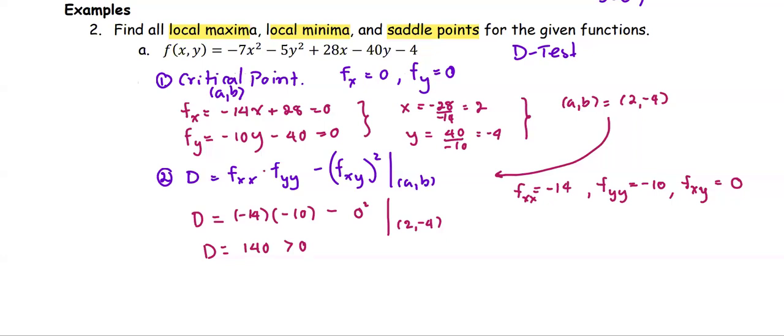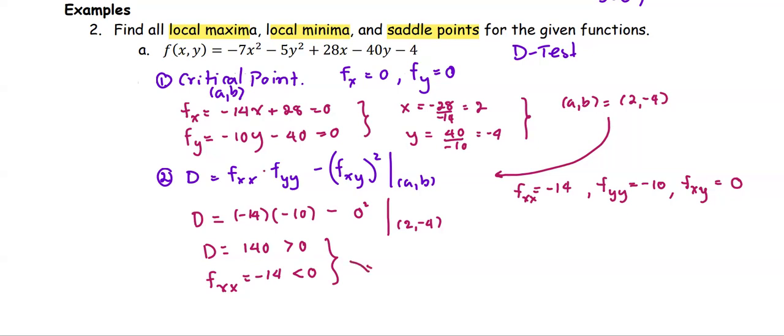So when we have D greater than 0, it's going to be either case 1 or case 2. So we're going to check the value of f xx, the second-order partial derivative with respect to x. In this problem, it is negative 14, which is less than 0. If it is less than 0, similar to thinking of a function of one variable, the function is concave down.